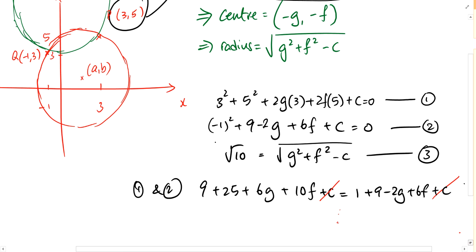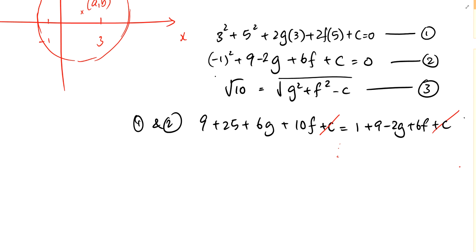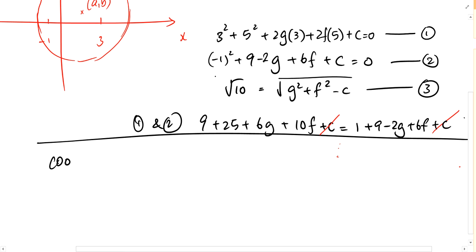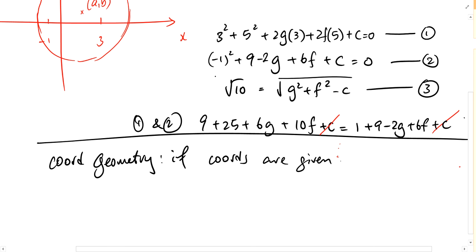Okay. In general, for coordinate geometry, if the coordinates are given and if the equation is given, it could be for a straight line, y equals mx plus c, then they give you one set of coordinates.